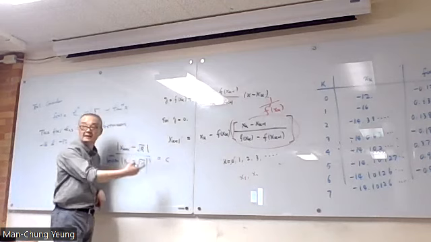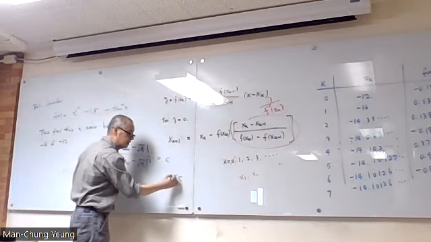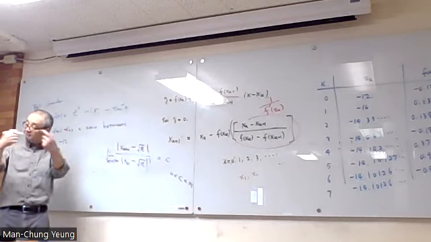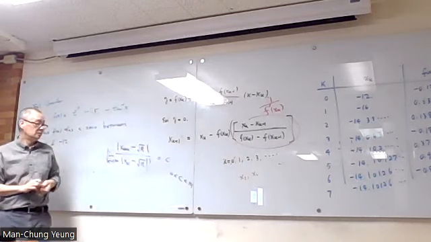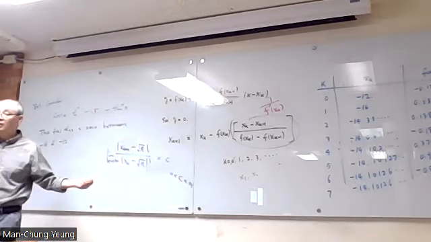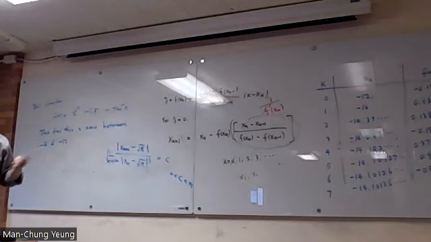I don't know what C is, but C is between 0 and infinity, so the limit converges to some number C. This is homework number 2, the first question, so this is order 3.